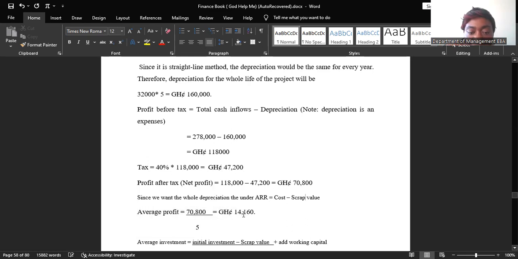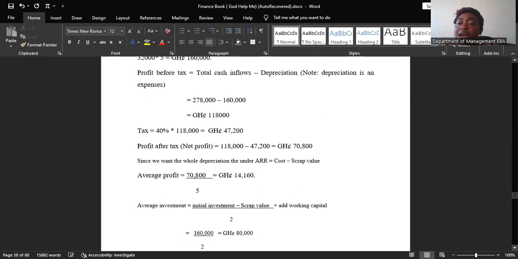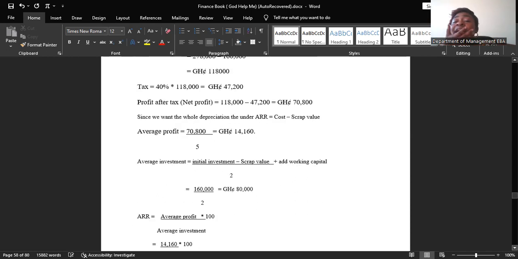When you divide, you are getting 14,160. That is our average profit. Now we have to get our average investment. And like I said earlier, the formula is additional investment spread over the number of years, and it has additional expense, that's working capital.